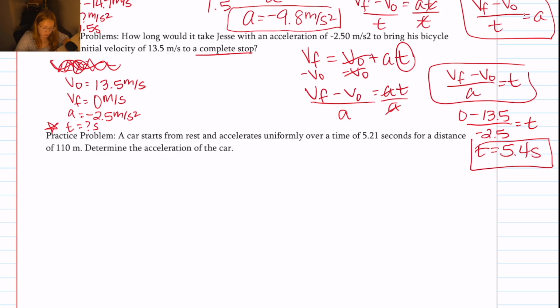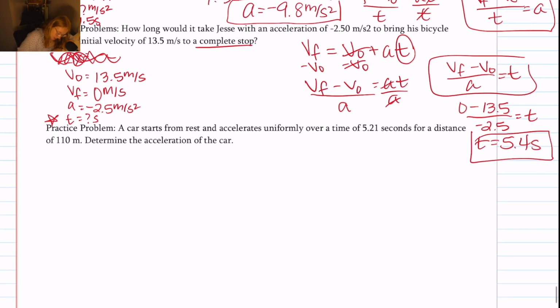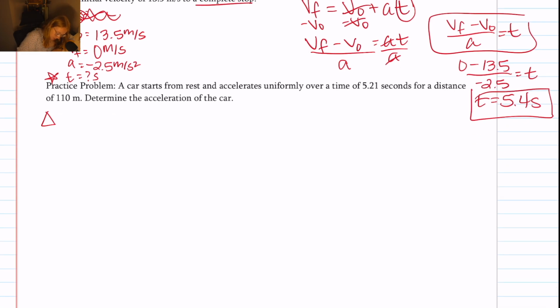Time cannot be negative unless you're a time traveler. If it's not positive, check the signs in the equation. Make sure you use the right negatives or positives. And remember, it's VF minus V naught. So that could have been the issue, but that is reasonable. Okay, so let's try this last problem.